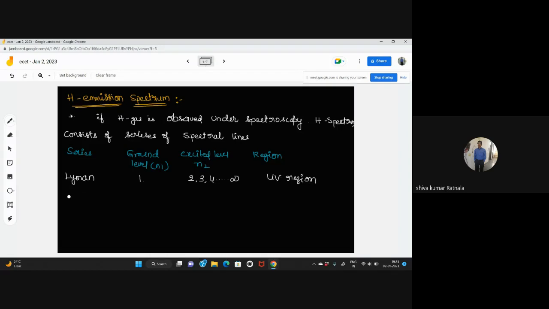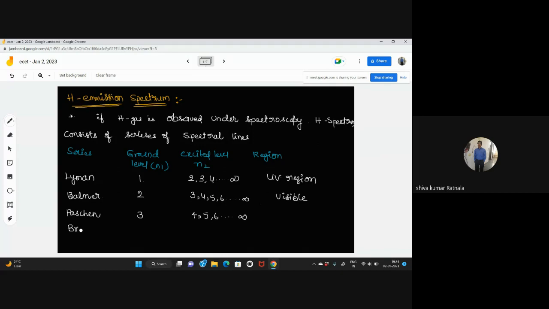Likewise, we have the Balmer series, in which the ground level is 2 and the excited level is 3, 4, 5, 6 up to infinite. This is observed in the visible region. Next is the Paschen series, where the ground level is 3 and the higher level will be 4, 5, 6 up to infinite.